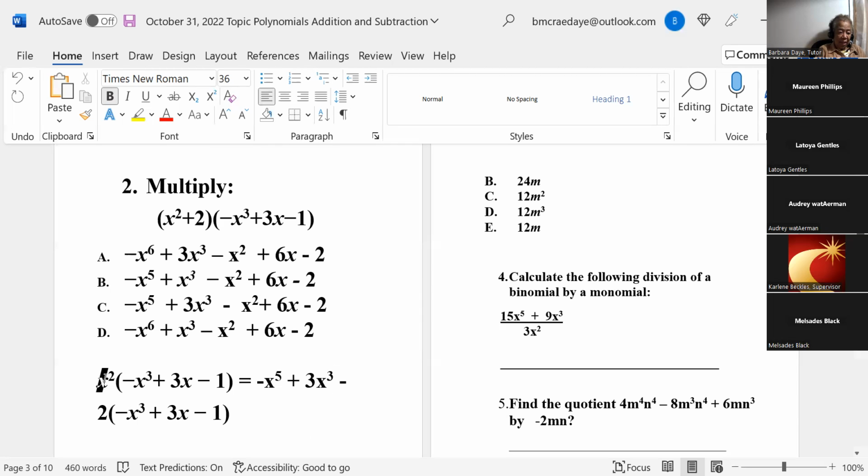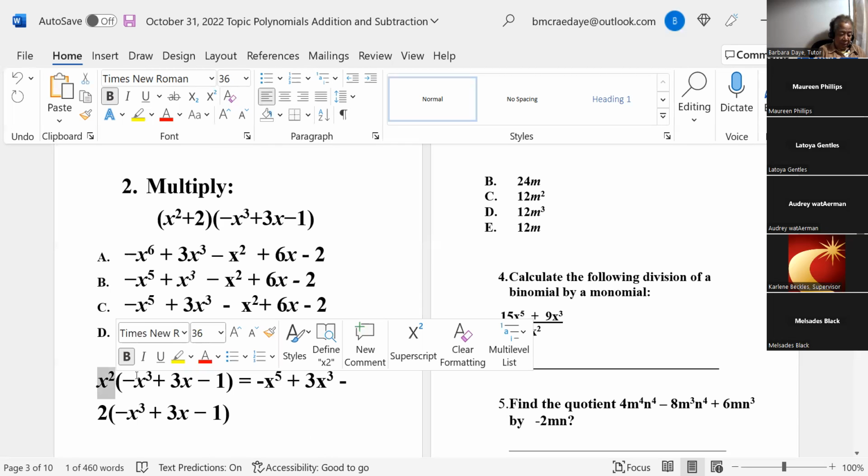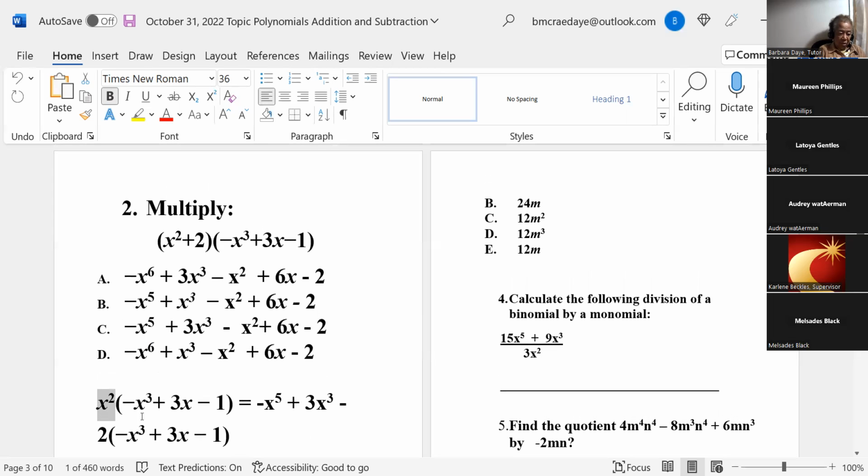All right, negative. Let's just take this, put it here. That's a negative x to the second. See, a -1 times the x to the second is a minus x to the second. If this were a +1, it would be a plus x to the second. But that's what I said first, though.